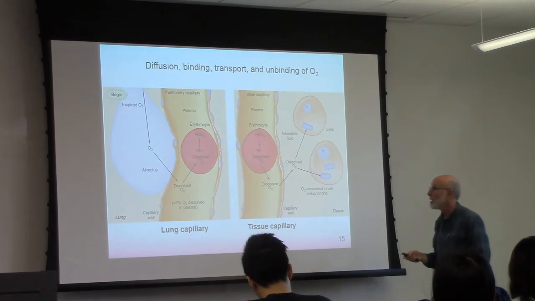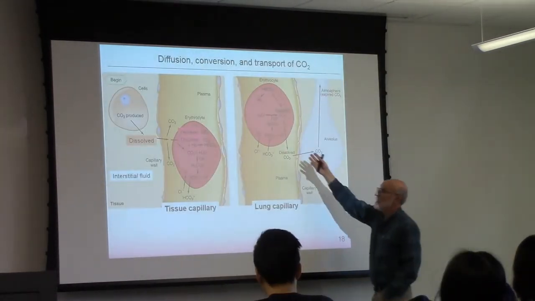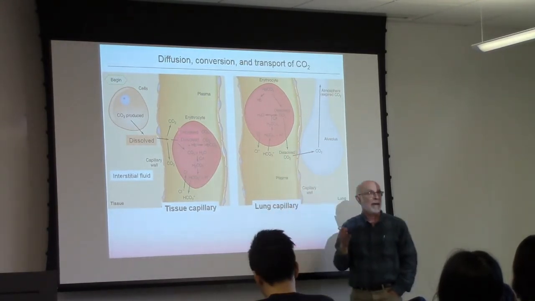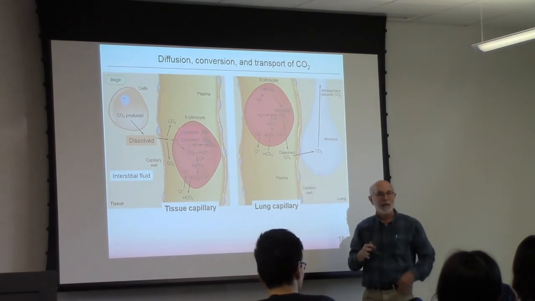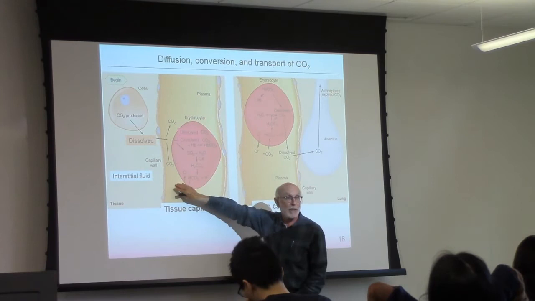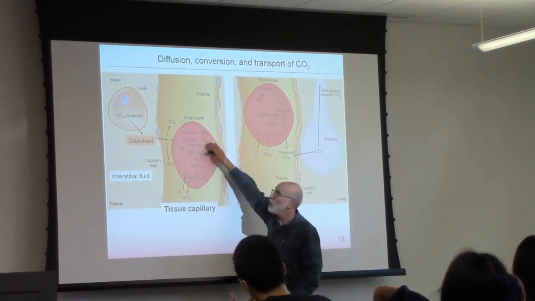I would not expect that for carbon dioxide, because it's a sum situation. It turns out it's most, but it's only about 60%. So some of the carbon dioxide is dissolved in the plasma. Some of the carbon dioxide is bound to hemoglobin. That's actually the minority.